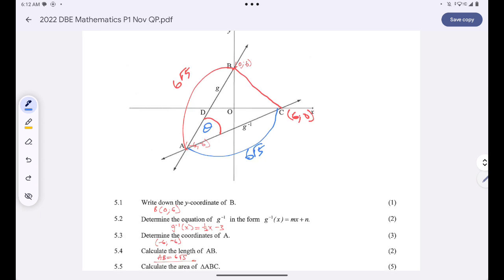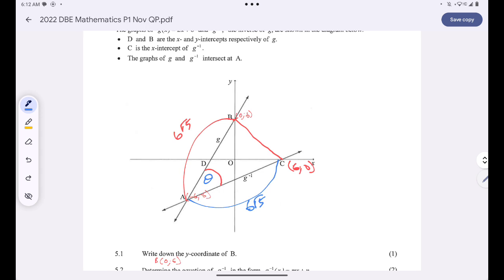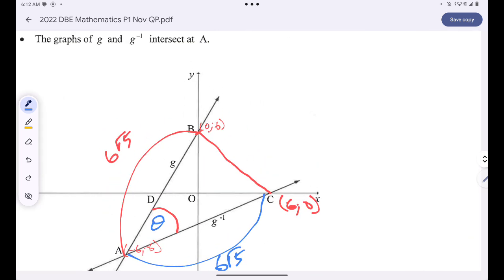The gradient for line AB is 2, so m of AB is 2. Therefore, I know that tan beta is equal to 2 according to the angle of inclination. So beta will be tan inverse of 2.